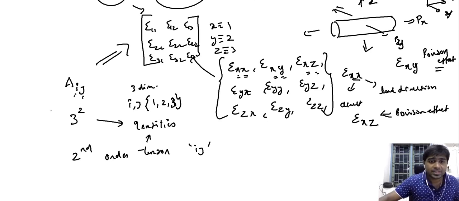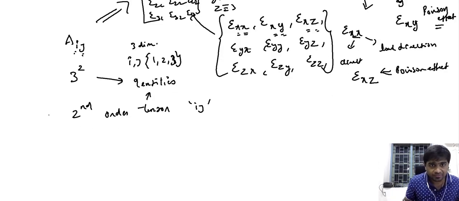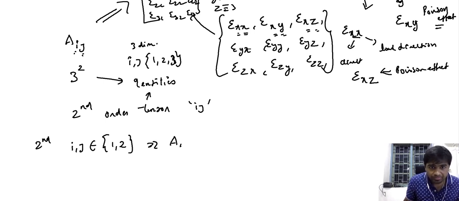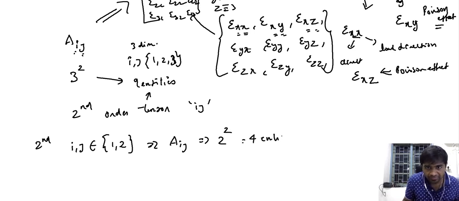Now if we restrict ourselves to the 2-dimensional case, from 3-dimensional, then i and j will assume the values of just 1 and 2. In that case, the total number of entities required to describe the tensor would be, since we just have 2 possibilities for i and j, 2 to the power of 2, therefore 4 entries.